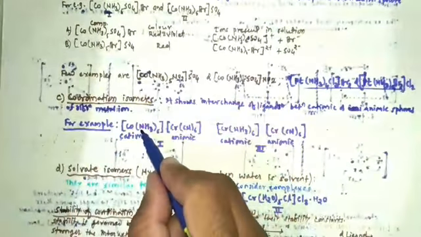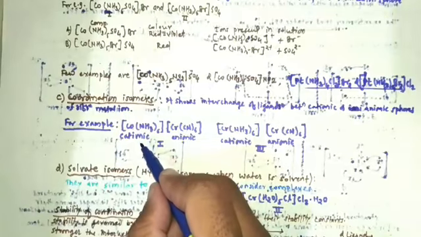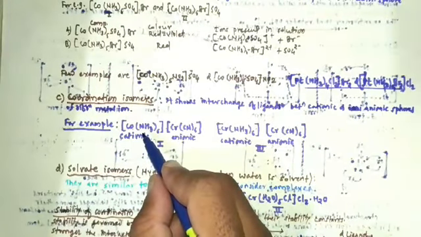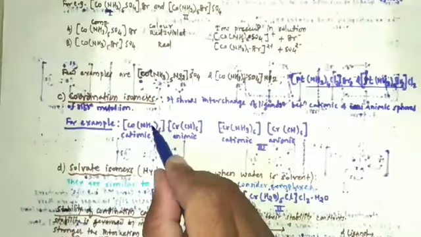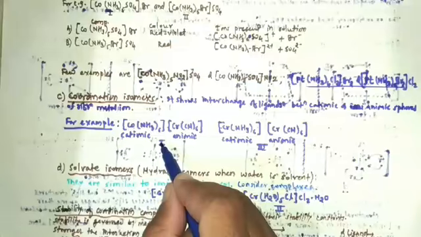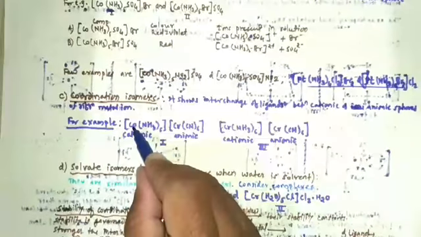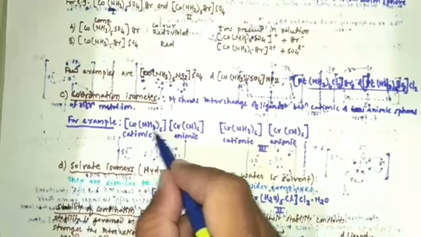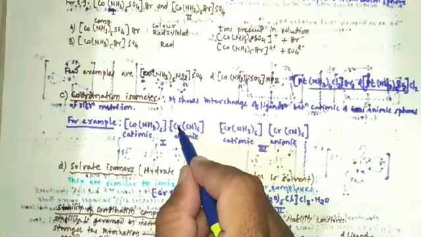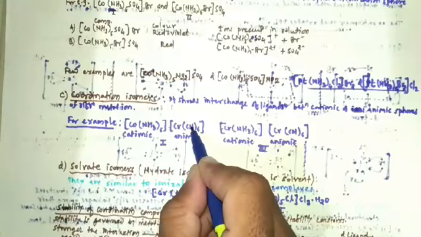So for example, consider these complexes. In the first isomer, cobalt is linked to the amine ligand and chromium is linked to the cyanide ligand.